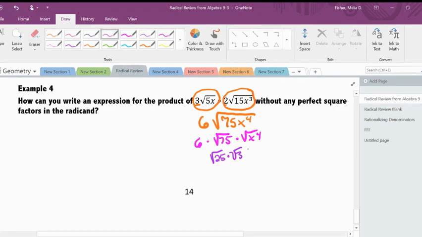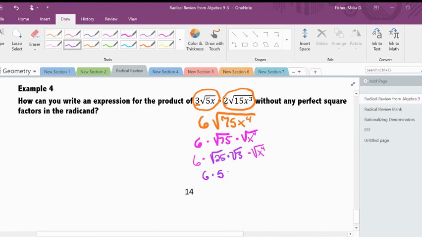And we still have x to the 4th, and we still have 6. I'm going to rewrite this one x to the 4th because it was looking like x4 instead of x to the 4th. Okay, here I can take the square root of 25, which is 5.